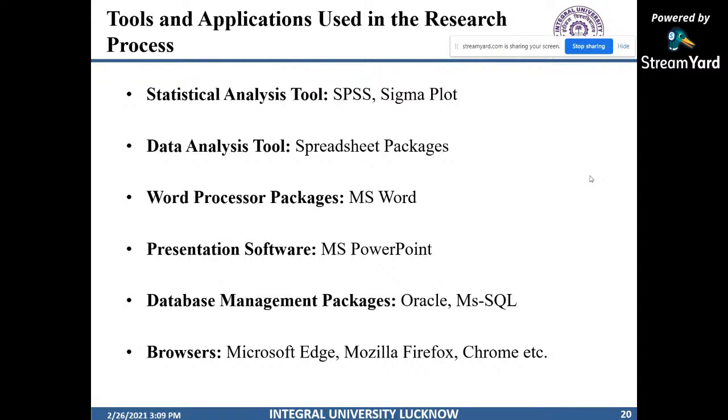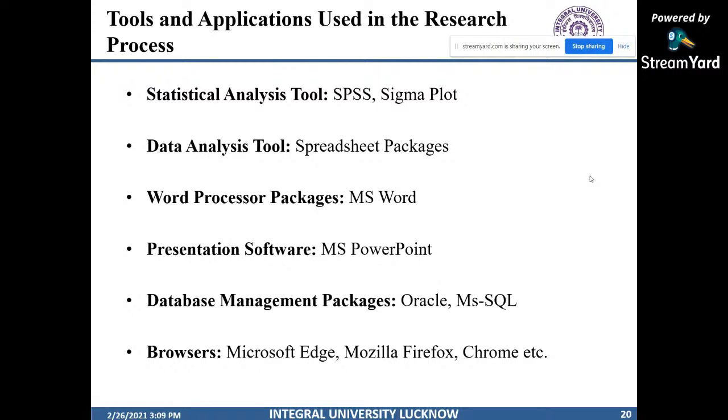SPSS is very good for statistical analysis and regression analysis. If you want to apply a chi-square test or an ANOVA test, you can use SPSS. SigmaPlot is similarly available.